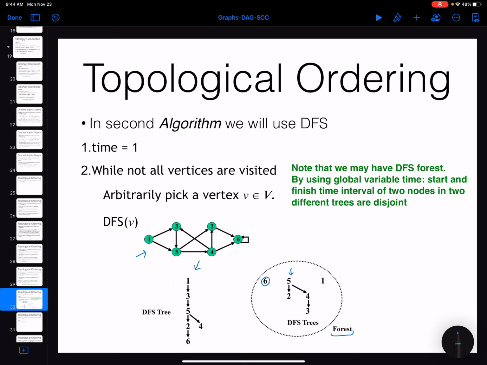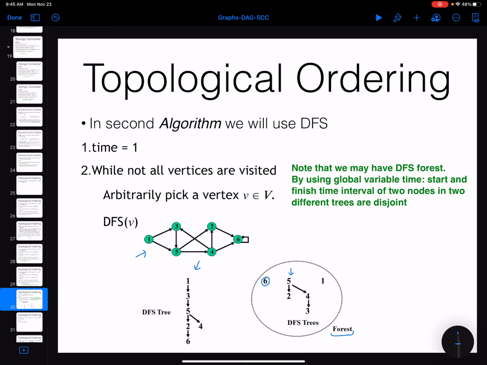But it doesn't matter which node you start, either if you get a forest or a single tree, there is a very nice property over the start and finish times for the DFS, the resulting intervals of start finish times for all the nodes. So think about it.